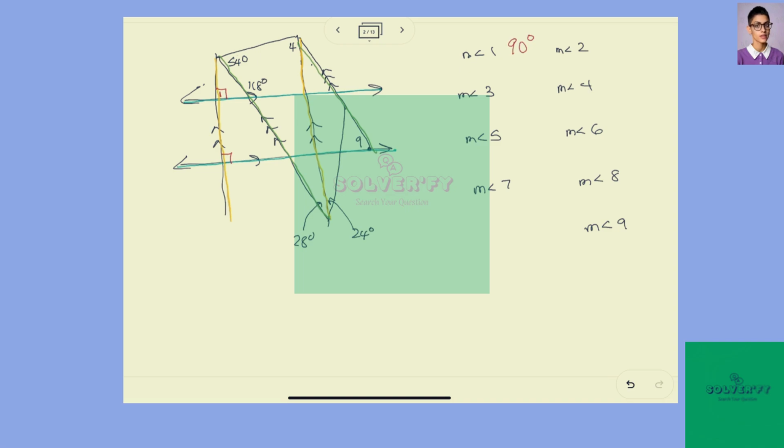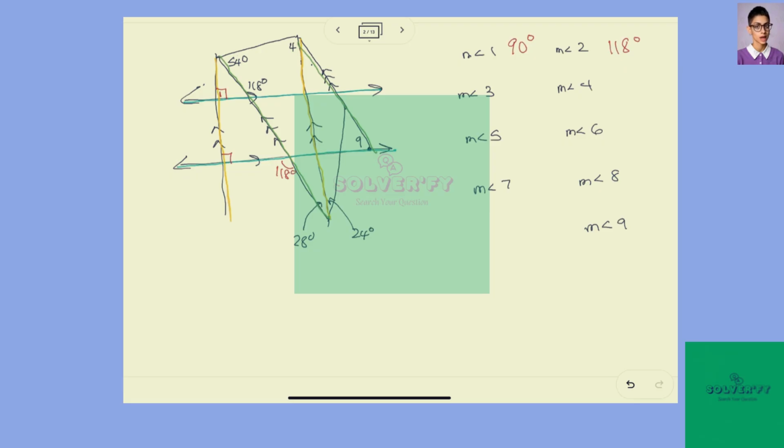Angle 2 is right down here, and I notice that I have this transversal, which is this green line going through the two blue lines, which is going to make this angle 118 because it's alternate exterior to the other 118 degree angle. So angle 2 is 118.